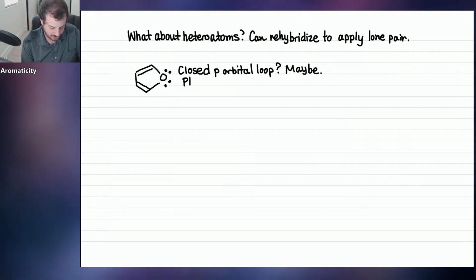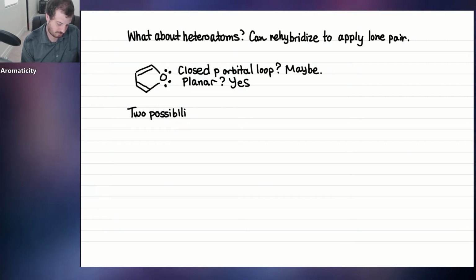Is it planar? That is a yes. It is planar. It is flat. So let me show you what I mean about the 2 possibilities here. There are 2 possibilities for the lone pairs on this oxygen.